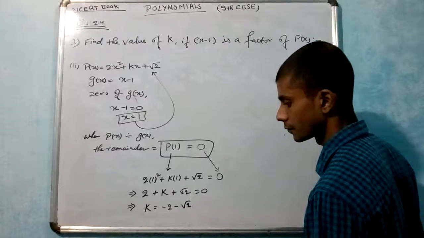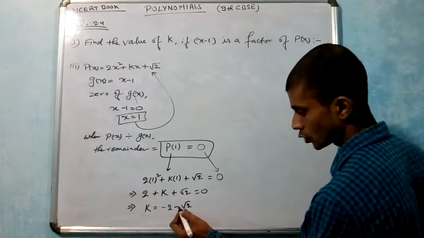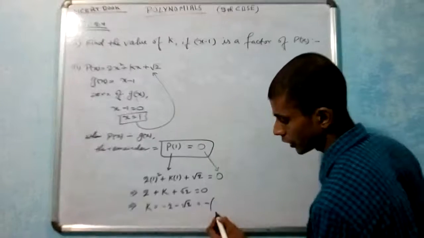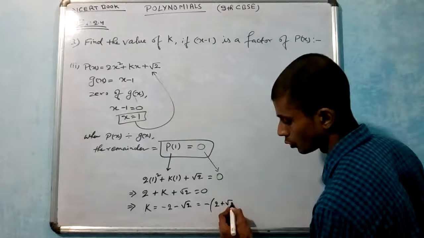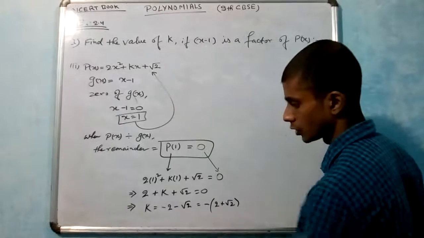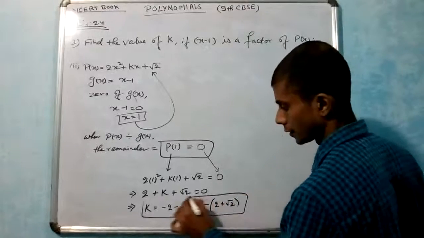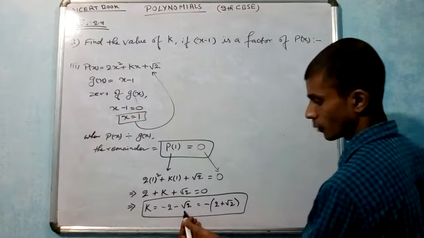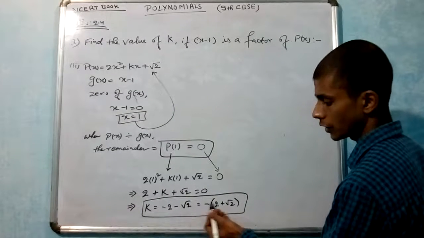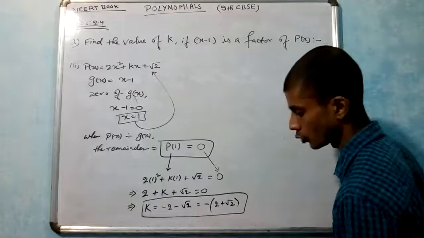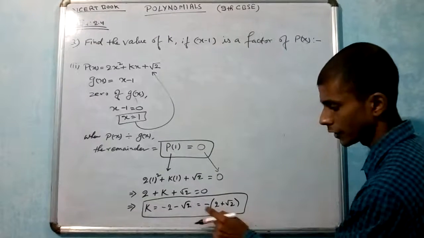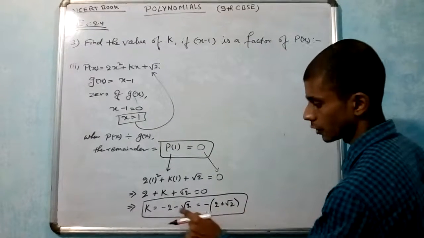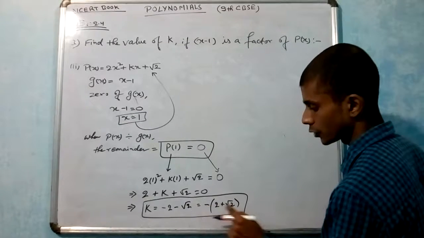Whether you write minus 2 minus root 2 or take the minus sign outside, it will become minus of 2 plus root 2. When I open the bracket, this will become minus 2 and minus root 2, same thing.